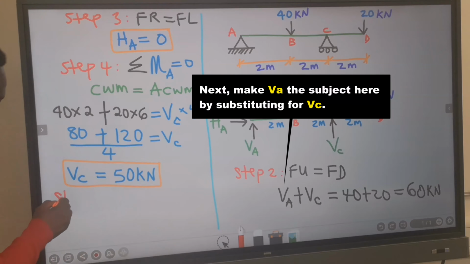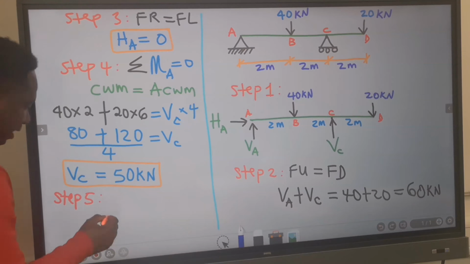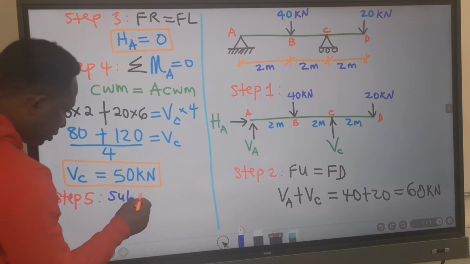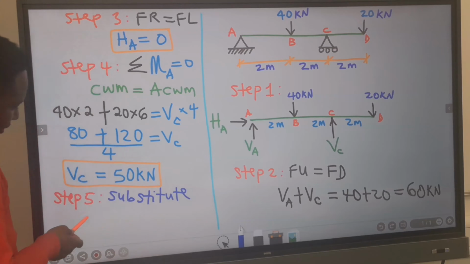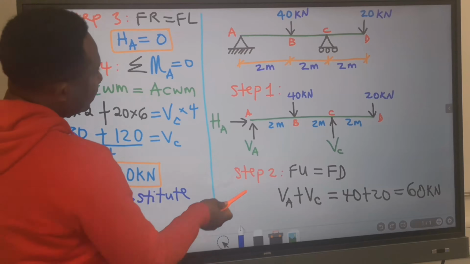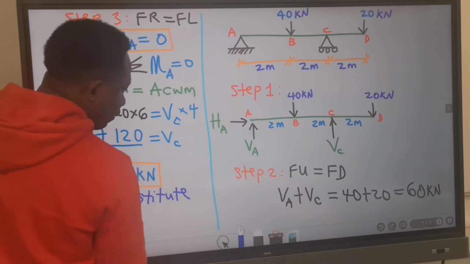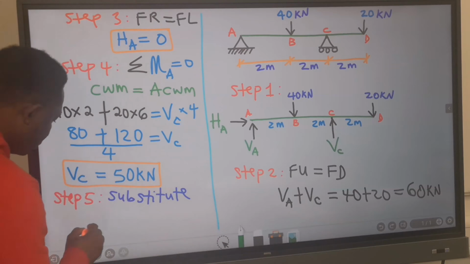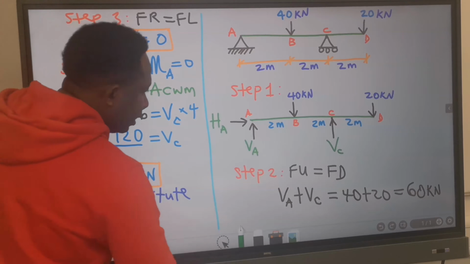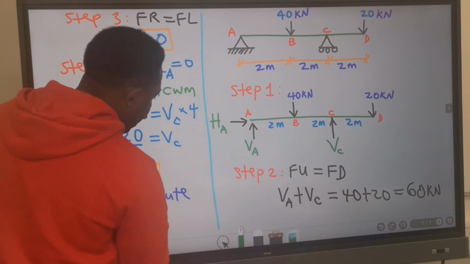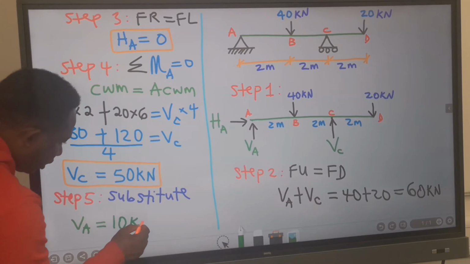Next, step 5. In step 5, we are going to substitute the value of VC into step number 2. And we are going to find the value of our V subscript A. Our V subscript A is going to be 60 minus 50, which is 10 kilonewton.